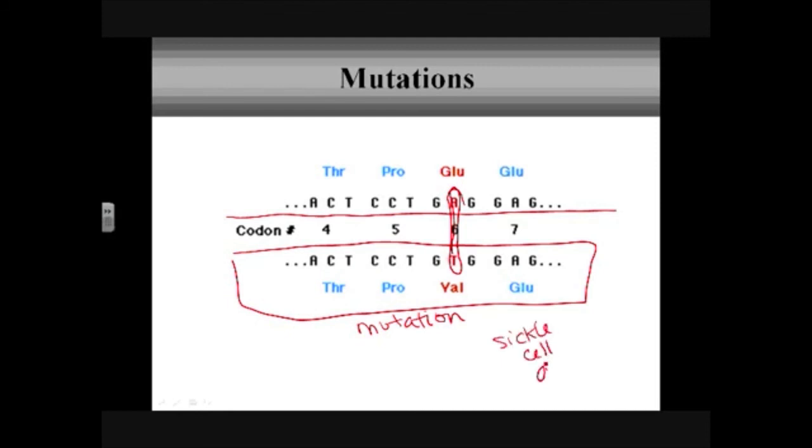is sickle cell disease, which I'm sure you guys are familiar with. Sickle cell disease occurs when the 6th amino acid is altered. So if what we have here is the 6th codon, it's going to be the 6th anticodon, which means it'll be the 6th amino acid in the chain. And when that 6th amino acid is different, based on this one single base error, hemoglobin, the protein that's supposed to be made, is abnormal.